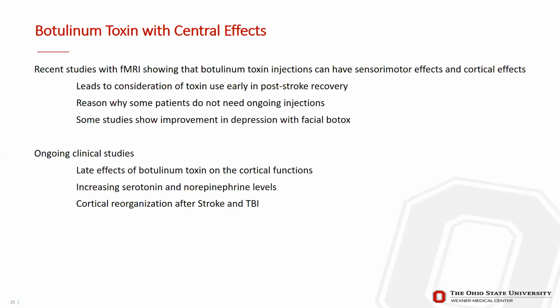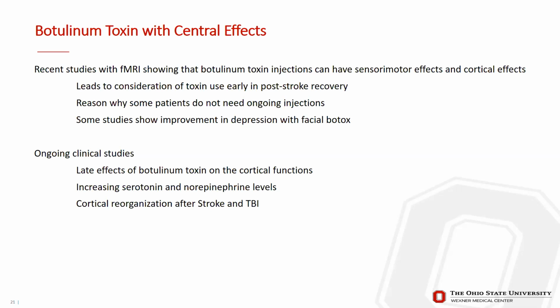So it could be the reason why some patients don't need ongoing injections: the Botox is helping them be more functional with their limb or wherever we're Botoxing, and that in turn goes up to the brain, and the brain is reorganizing. There are some really cool studies coming out to show that, and that might be something we consider for post-stroke recovery.